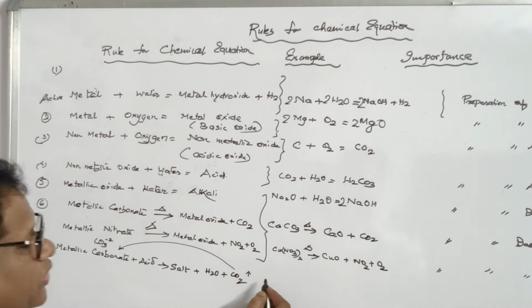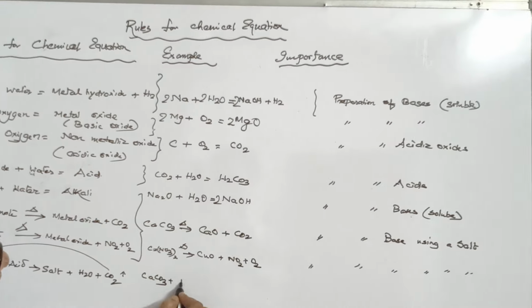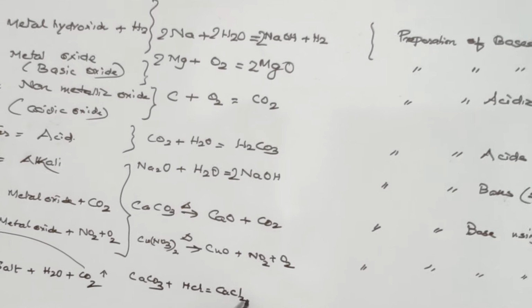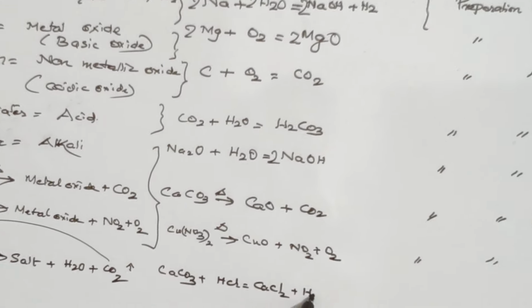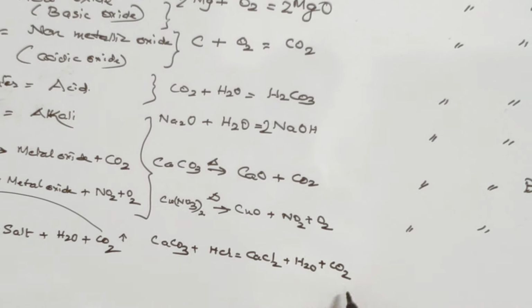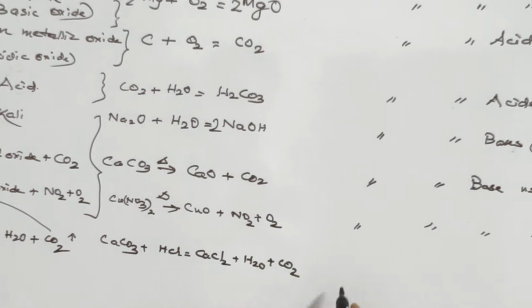Now let me discuss one equation. Calcium carbonate reacting with dilute acid, it forms calcium chloride plus water plus carbon dioxide, right? So what is the importance of this reaction?